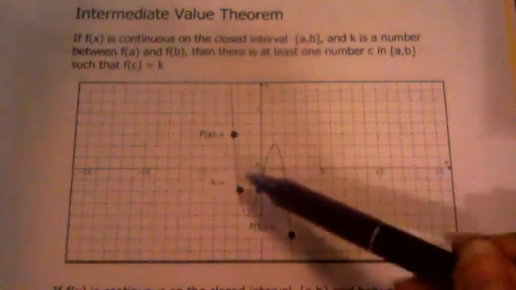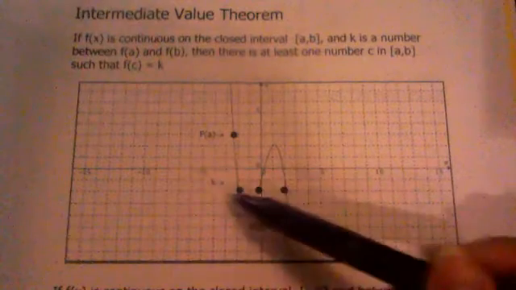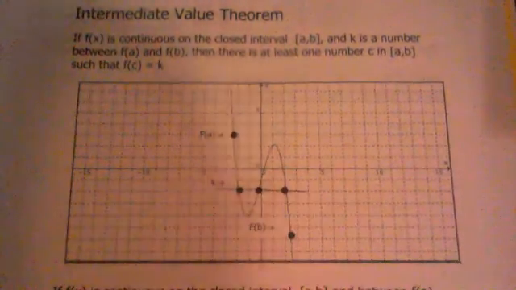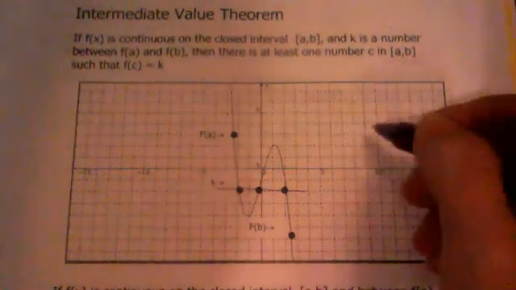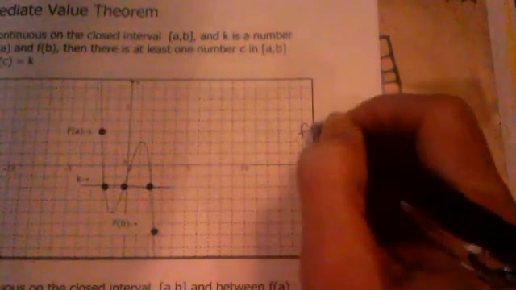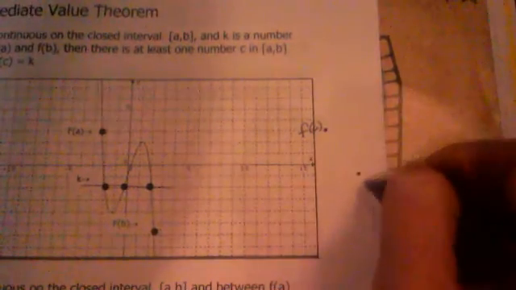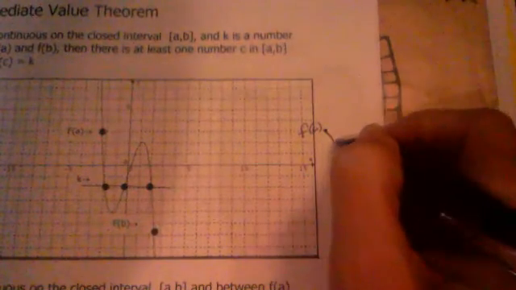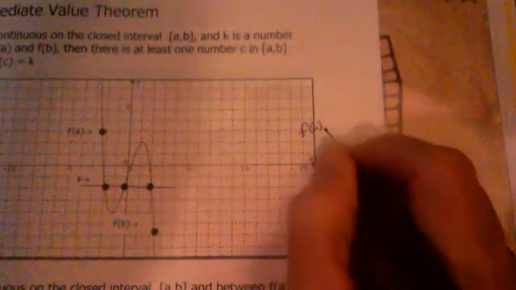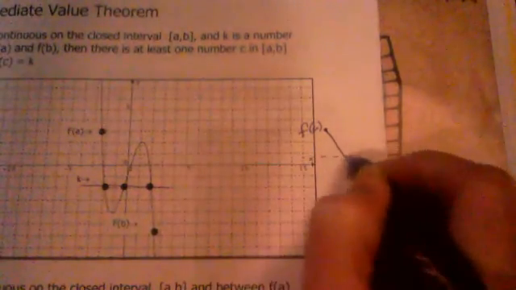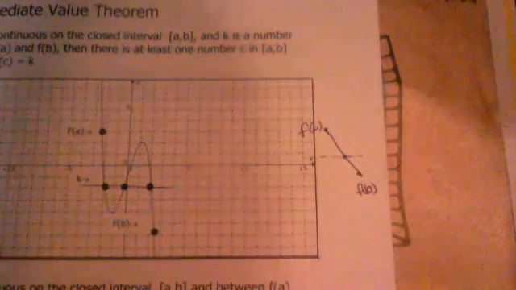Well, in the picture they have drawn here, if this is k, there are 3 places. But even if the function was just a line, like if here's f of a, down here is f of b, and it were just a straight line, and k is some value between f of a and f of b, it's going to have to cross at least once, and that's all it's saying.